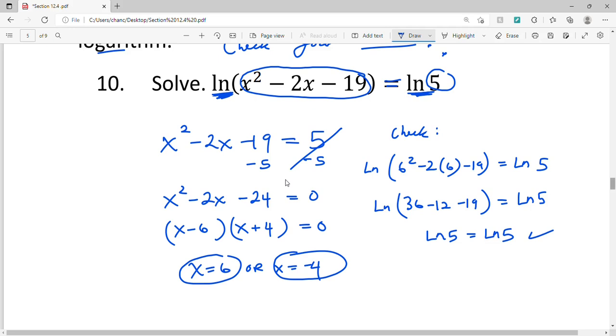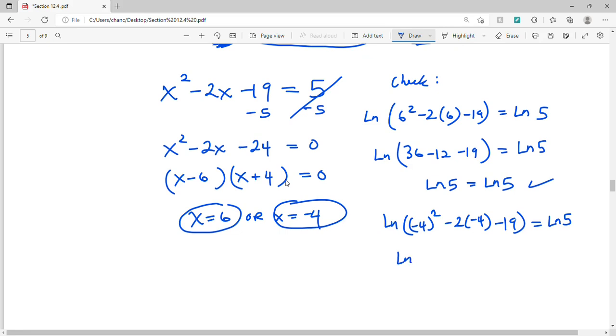Let's try negative 4. We have the natural log of negative 4 squared. I have the parentheses around the negative 4. 2 times negative 4 minus 19. Is that equal to the natural log of 5?